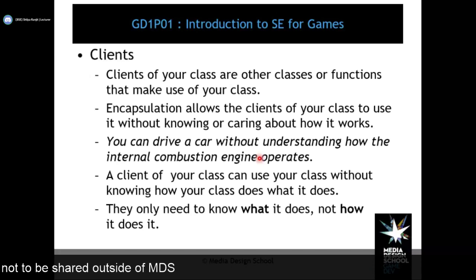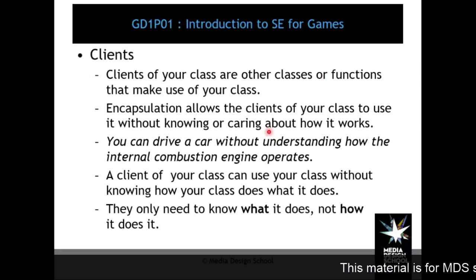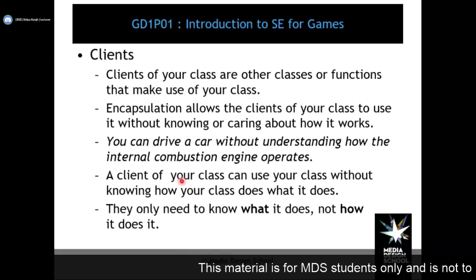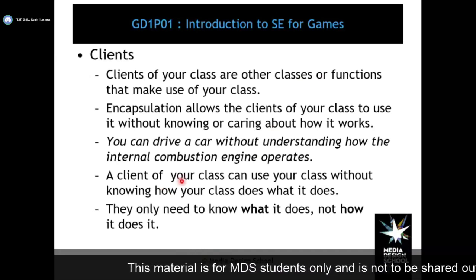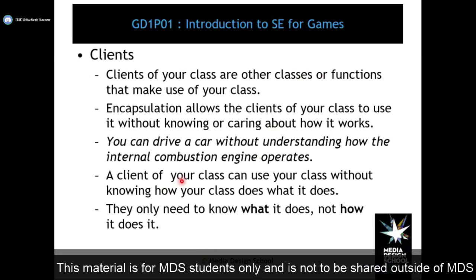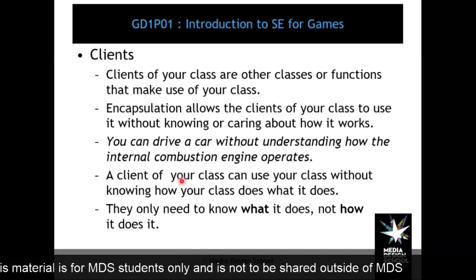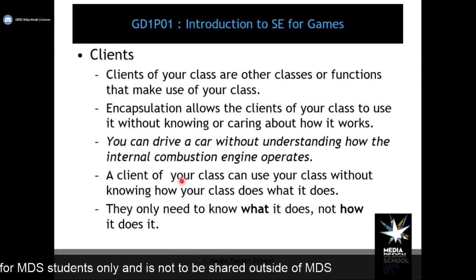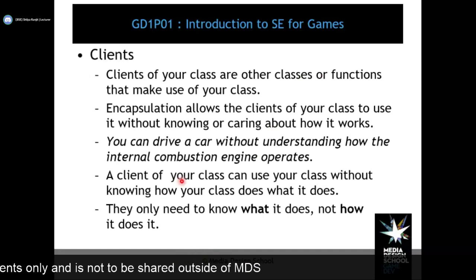Commenting the code is of course important, but it's even more important to give meaningful names to your classes, functions and variables. So that whenever they use your class, they know what it does from the class name and they know what a particular function does. So all they do is just make a call to that function and then they are done there. Because you are not going to give them information about how it is implemented.